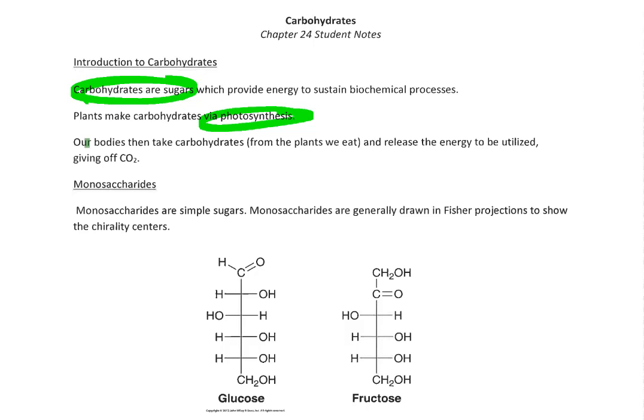And we're going to focus in first on monosaccharides. Monosaccharides are what people call simple sugars. When you look at simple sugars, they tend to be drawn as Fischer projections.